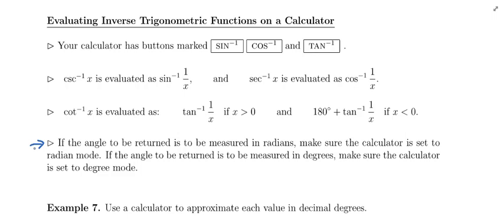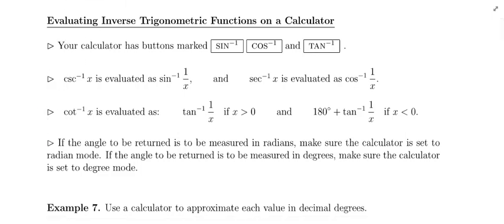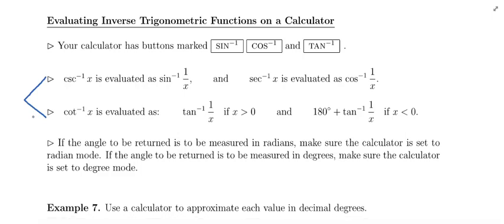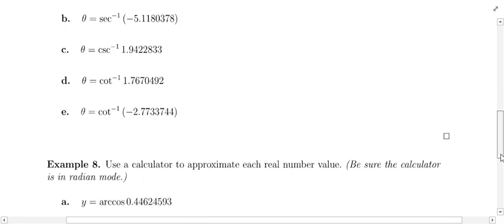Okay, so let's talk about how you are going to deal with cosecant inverse, cotangent inverse, and secant inverse. That is summarized in these two bullet points right here. I'm not going to get into why we have to enter it this way because your book only goes into punching in decimals.